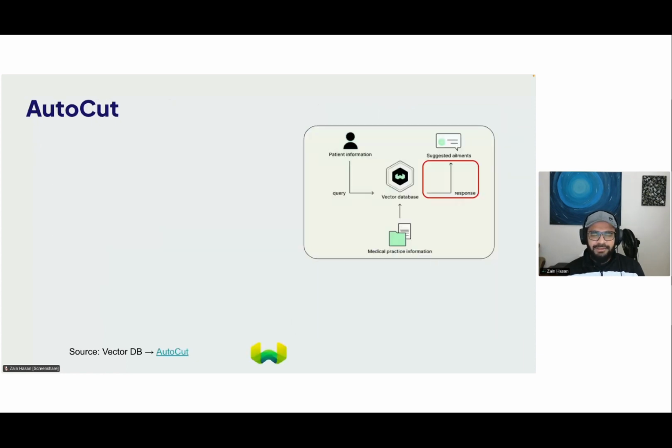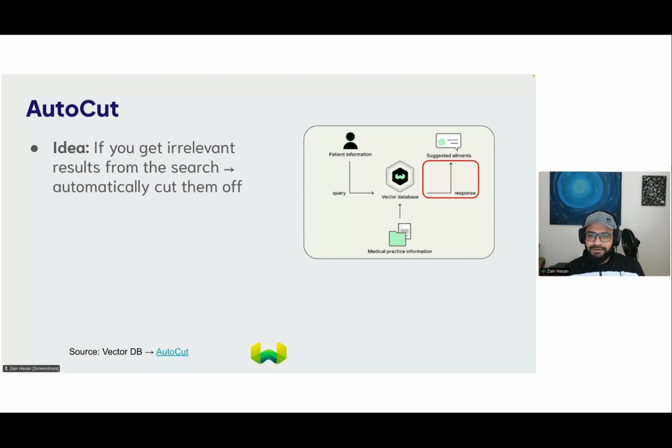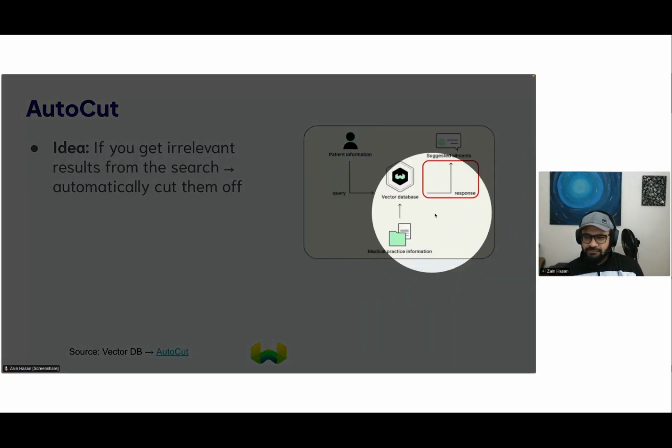Another technique that's quite interesting is called autocut. What this tries to do is it says, even after all of this detailed analysis that you've done, this diligent rewriting of queries, performing keyword and vector search, you might still get irrelevant results back here, right?